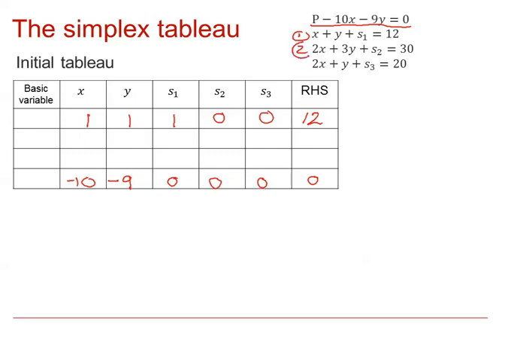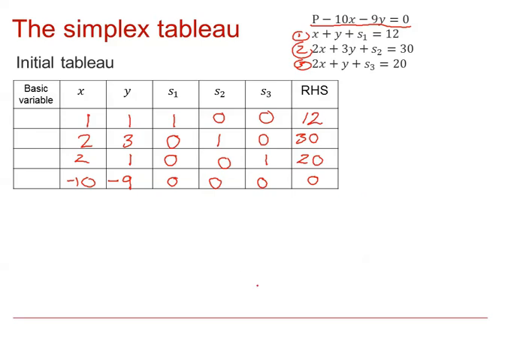Then our second constraint is 2x plus 3y with no s1 plus 1s2, no s3, and that is equal to 30. And then our third constraint refers to the row 2x plus 1y, no s1, no s2, and 1s3, and that is equal to 20.